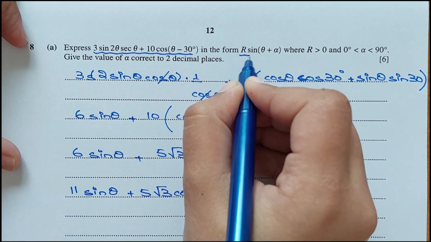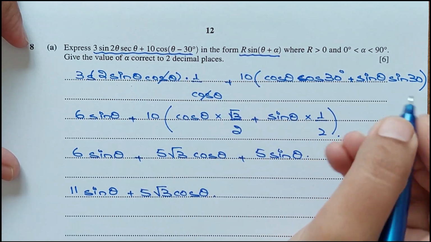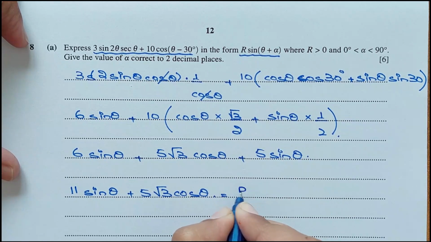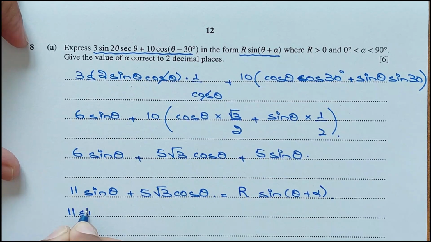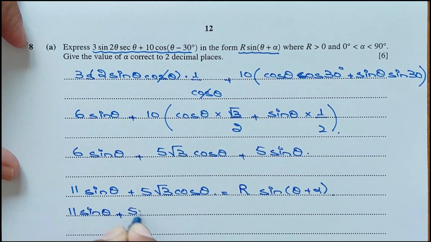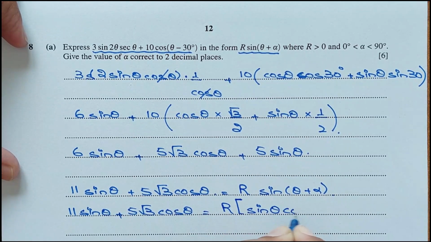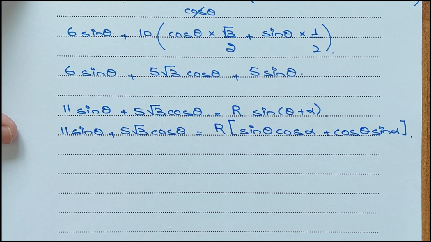Now we have to convert it into r sin(theta plus alpha), right? So this would be equal to r sin(theta plus alpha). So we can say 11 sin theta plus 5 square root of 3 cos theta would be equal to r(sin theta cos alpha plus cos theta sin alpha). Right. Now let me compare the coefficients.